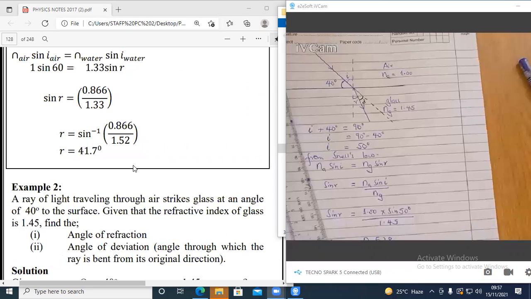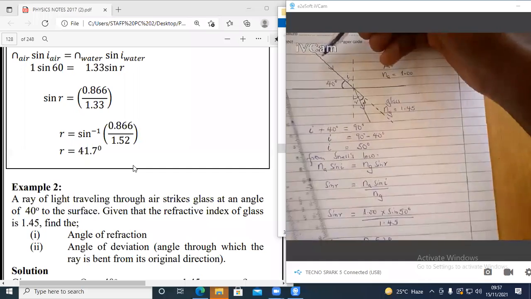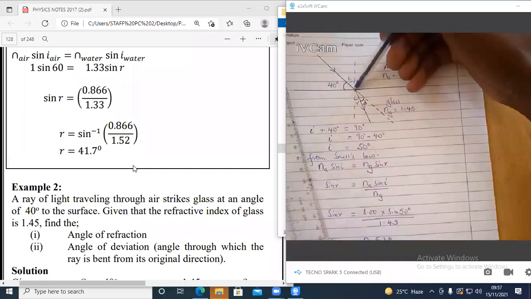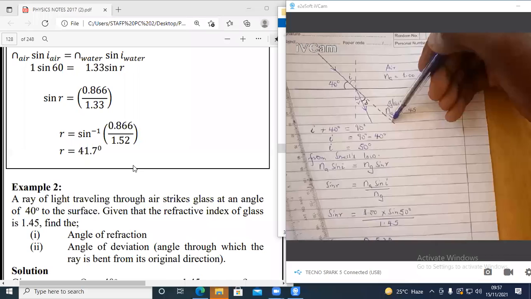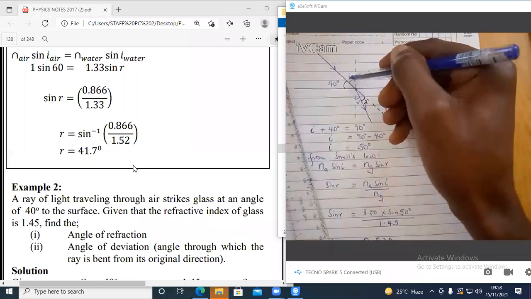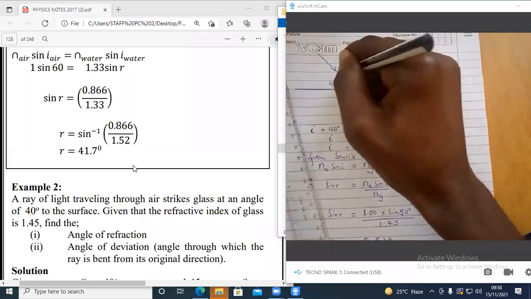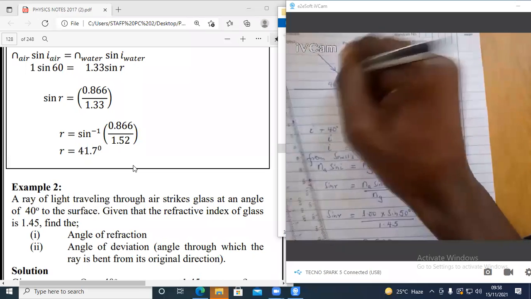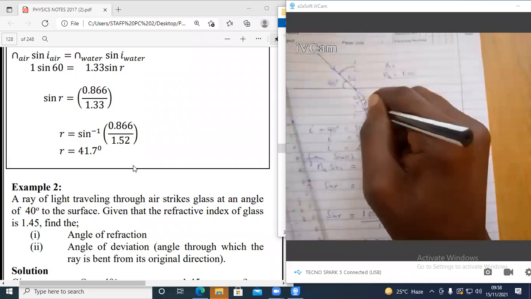Now you have to remember mathematics. When you look at this line here and this one here, what can you say about them?